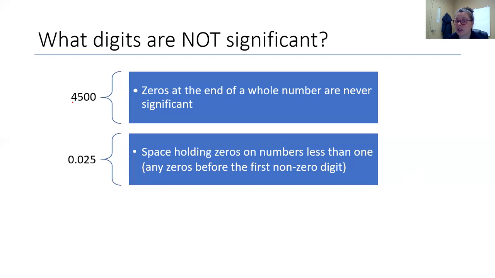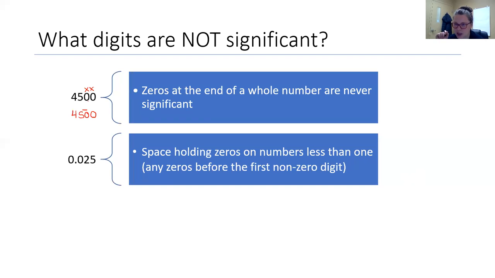So if I say 4,500, these zeros aren't significant. The only way I can show that they matter is to use special notation. Sometimes you put a little line on the top of the 0, and that shows that that 0 has to be a 0, and it's an exact 0. It's a 0 that's not a guess.